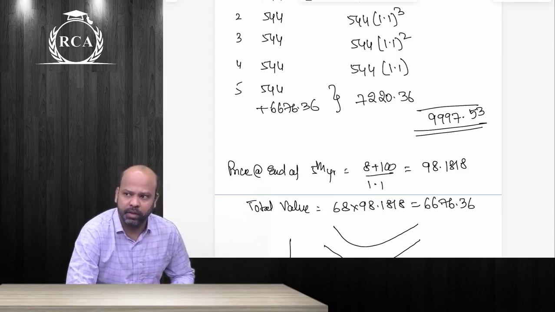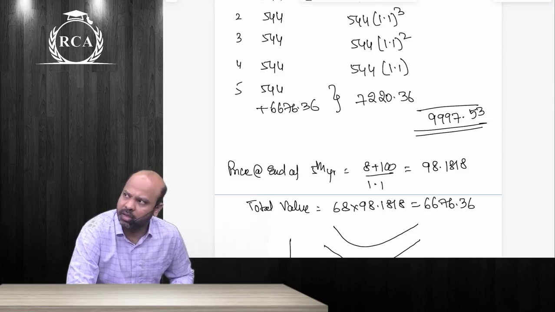Increase in price. Reduction in reinvestment income was offset by increase in price.